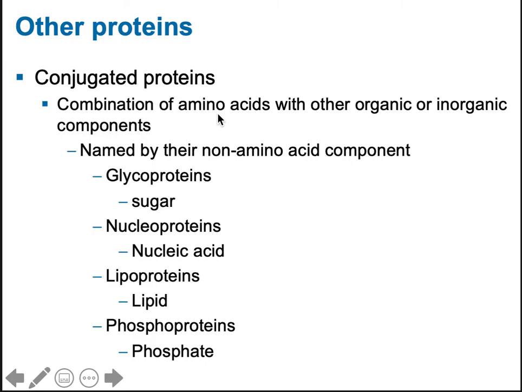So you can add sugars and maybe even a nucleic acid, lipids, and phosphates. So all other types of molecules can be added onto proteins to make them more complex and have more function. Okay, hemoglobin is an example of a conjugated protein with the heme group.